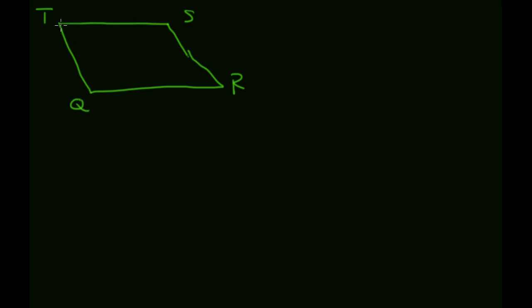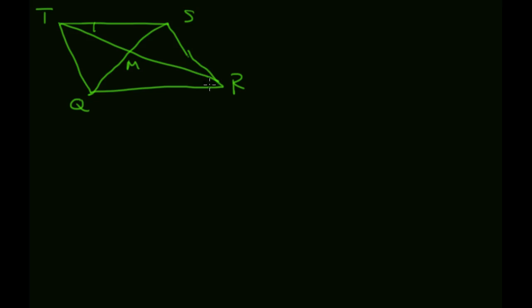Okay, so let's again start with a drawing. We're going to use a very similar drawing to the last one. Okay, so there's a drawing. We'll call this TSRQ. We're going to put in both diagonals. We'll call this point M. I'm going to label some angles.